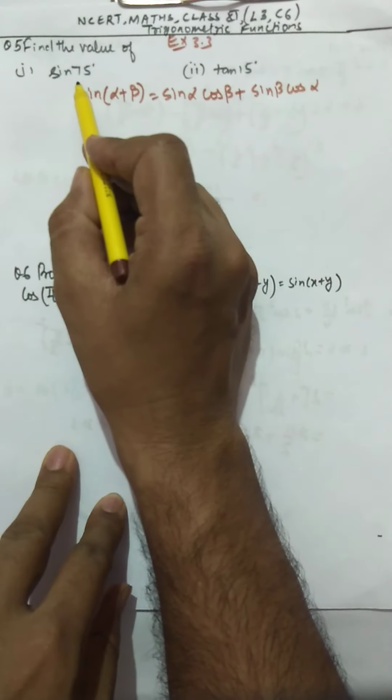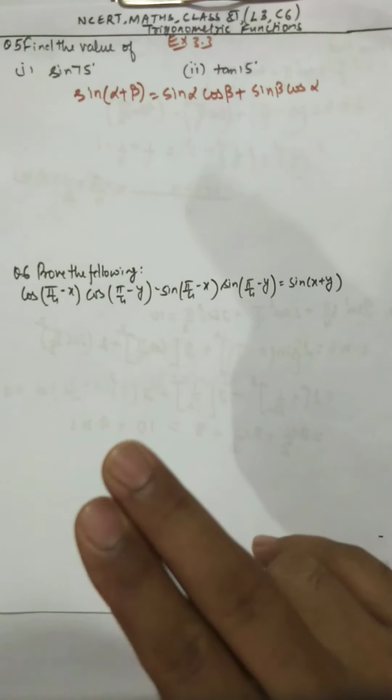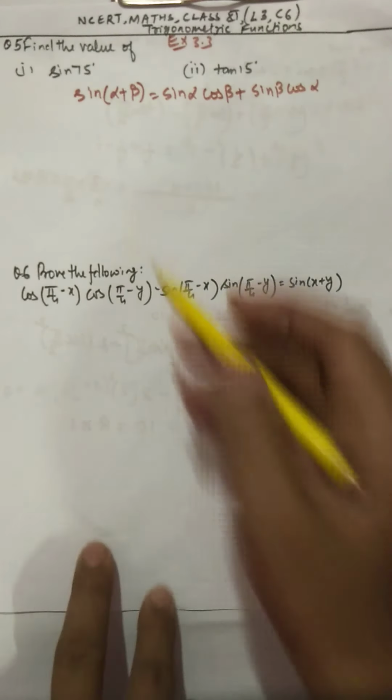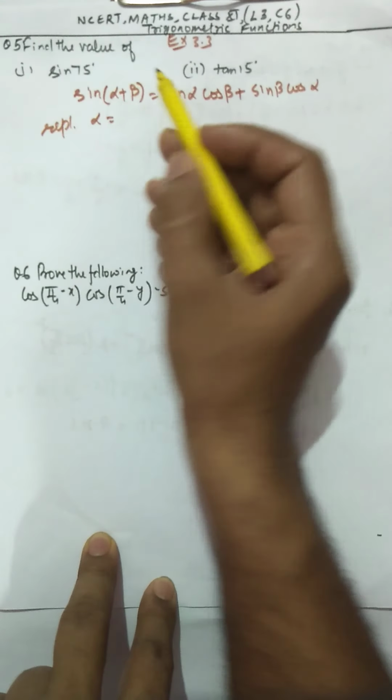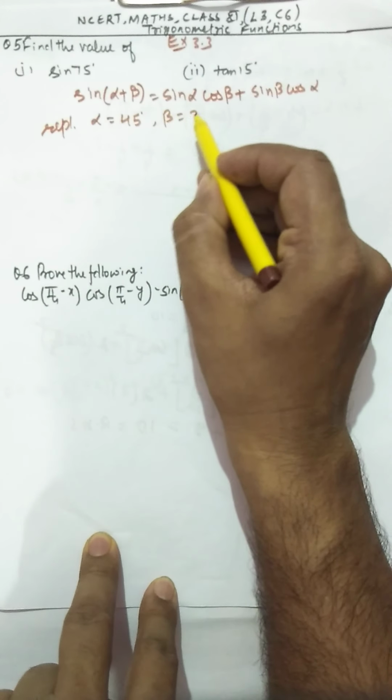Now you have to think that 75 is to be divided into two angles, and the angles should have some values of sine and cos. For example, 75 can be written as 45 and 30. So I'm going to replace alpha by 45 degree and beta by 30 degree.